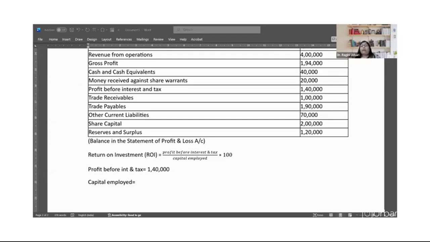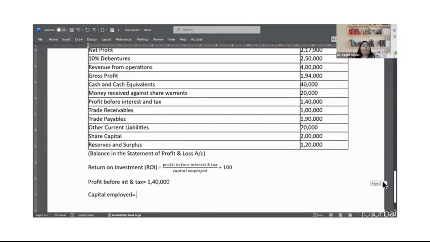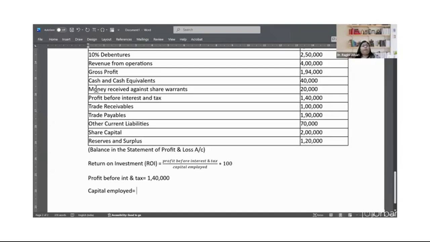Okay. So, let us add these together. Money received against share warrants is given here. Then share capital is also given to us here, and reserves and surplus is also given to us. We are going to add all these numbers together.